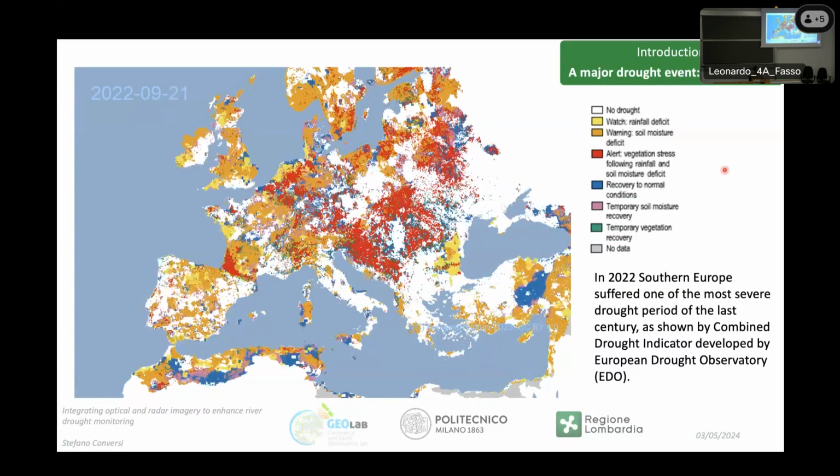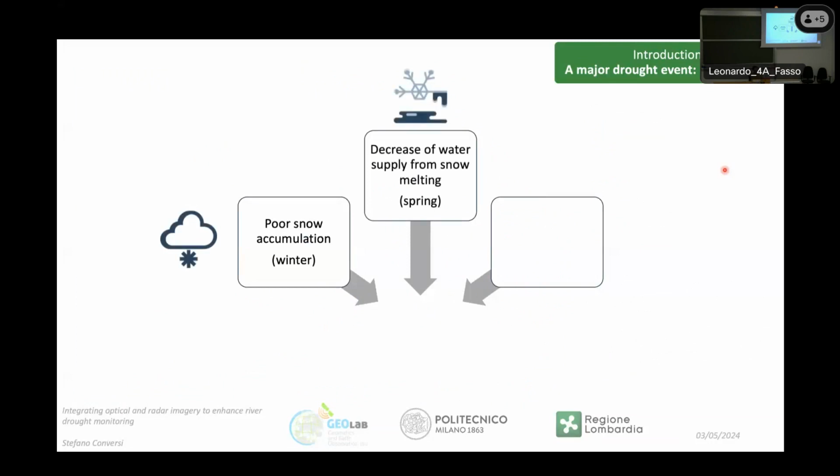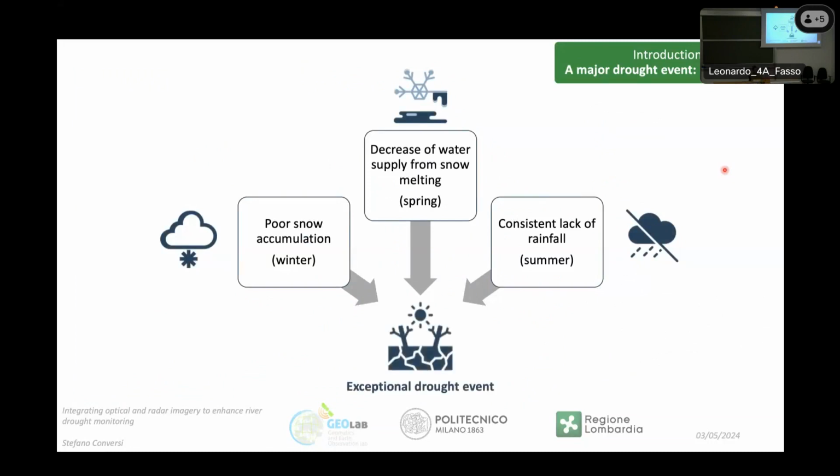We have lots of different factors that concurred to the origin of this kind of event. First of all, poor snow accumulation during the winter season led to a decrease of water supply from snow melting, and then also a consistent lack of rainfall during summer resulted in this exceptional drought event.